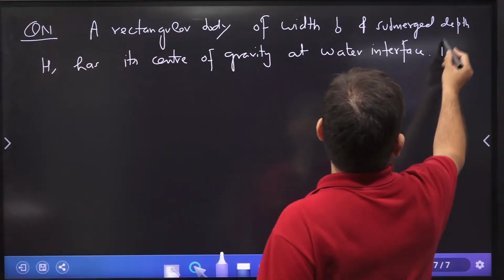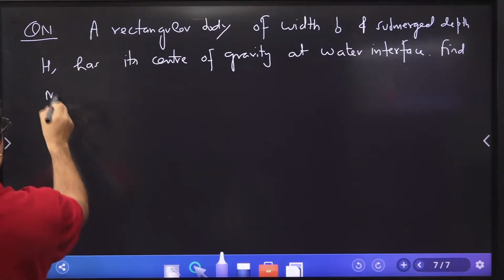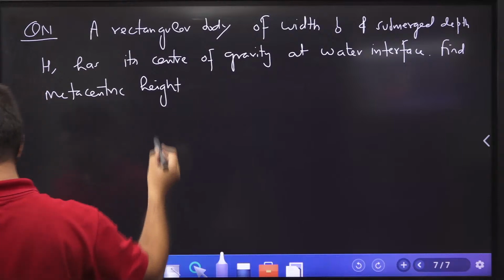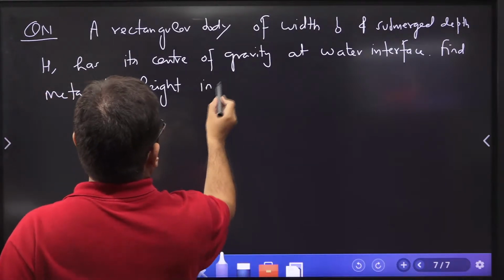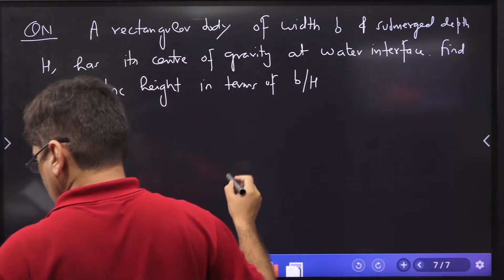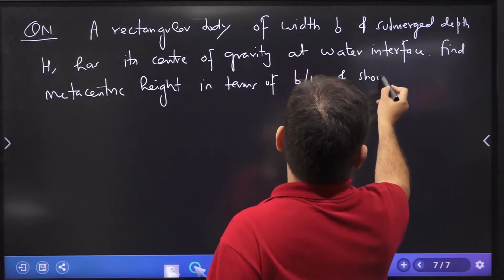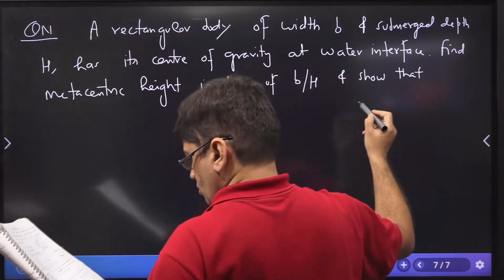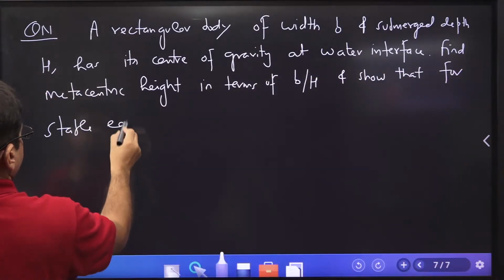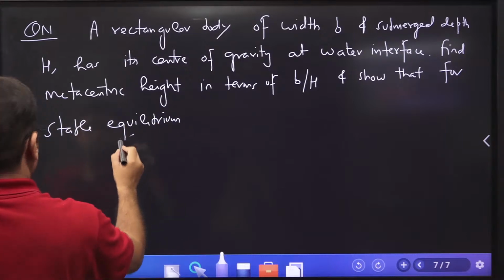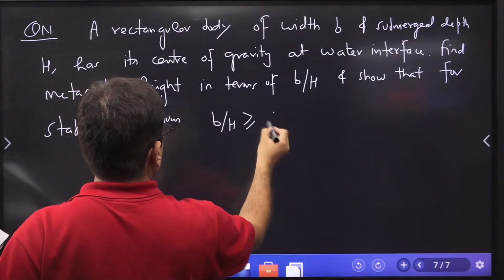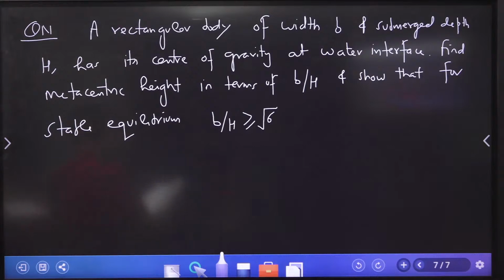Find the metacentric height in terms of b divided by capital H, and show that for stable equilibrium, b over H should be greater than or equal to root of 6. That is the question. First I want you to write the question.